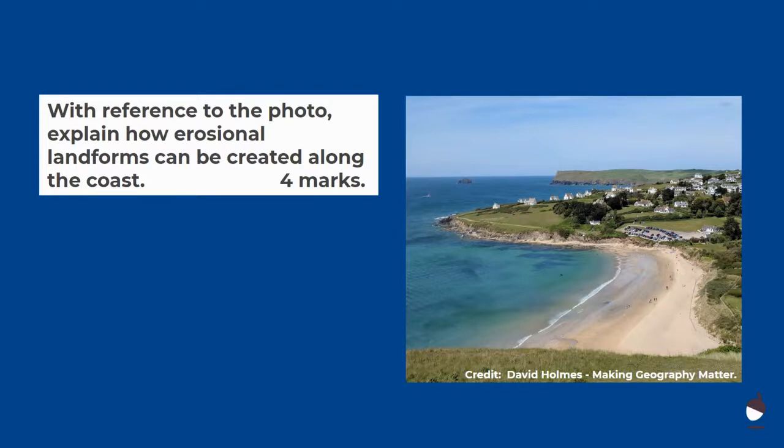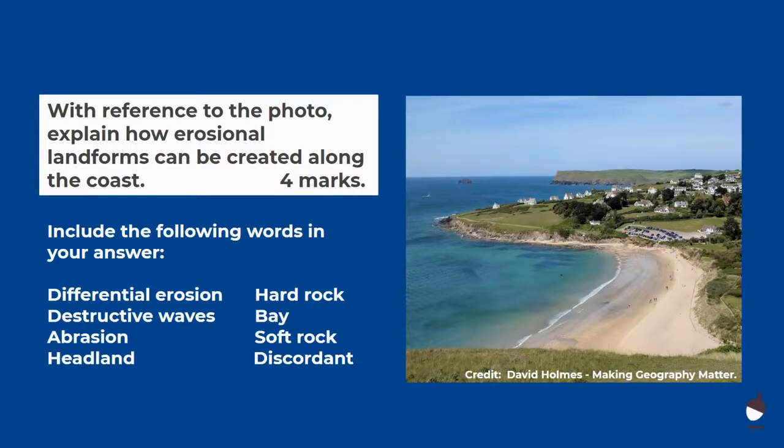So with reference to this photo, explain how headlands and bays can be created along the coast. To be successful in this task, I would like you to include these following words in your answer: differential erosion, destructive waves, abrasion, headland, hard rock, bay, soft rock, and discordant.